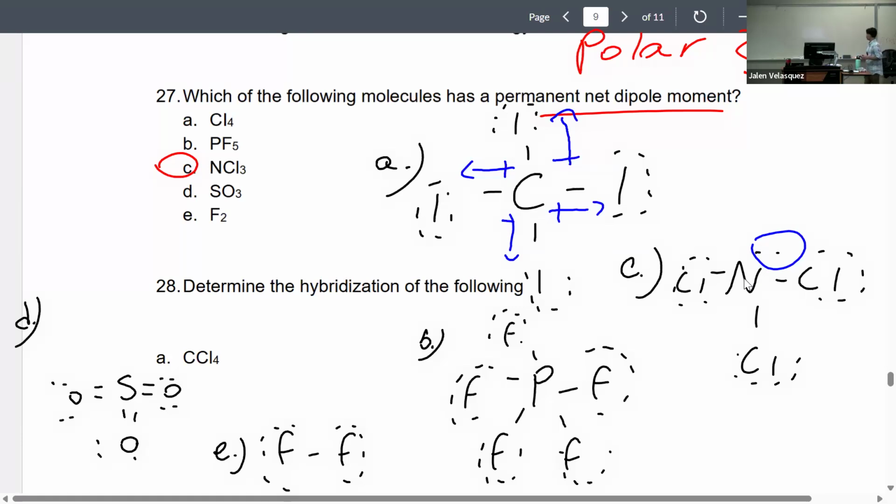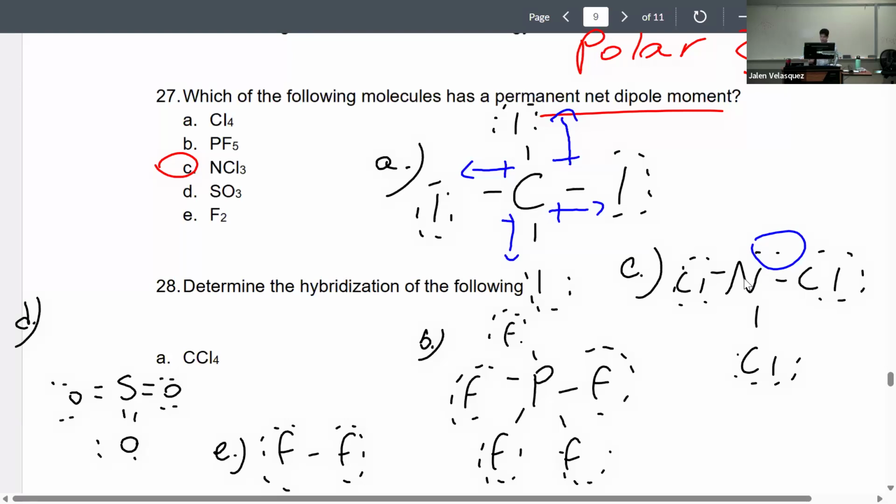So if I draw it in its real, proper geometry, it's like this. If it's polar, we have dipole moments going down to the chlorine. It's all going to the bottom. It's not canceling out, right?